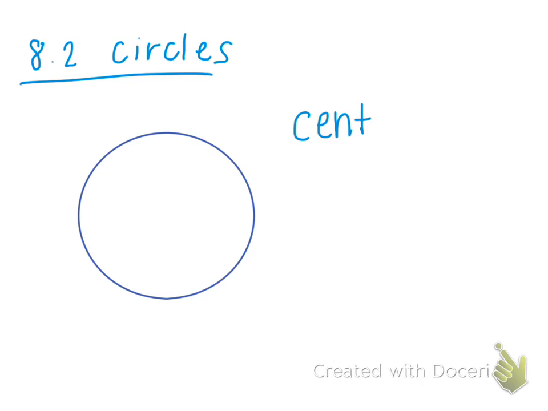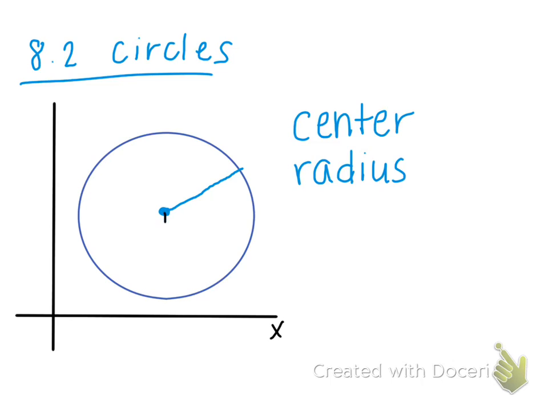So first thing we've got here is a circle that has a center and a radius. What we're going to do today, instead of having this circle just floating in space, is put it on a coordinate plane so we can describe where it is in space. So here's a coordinate plane with an x and a y axis.